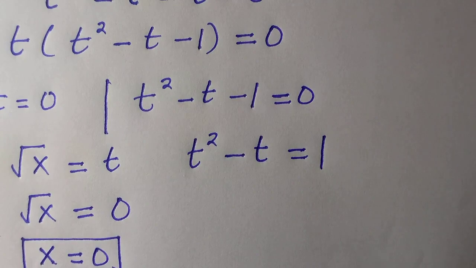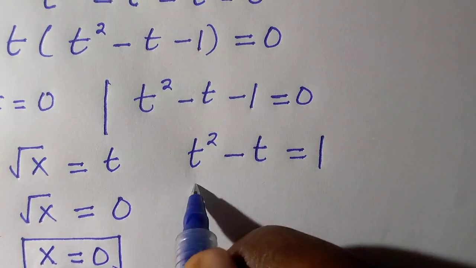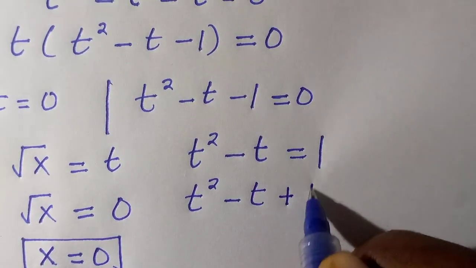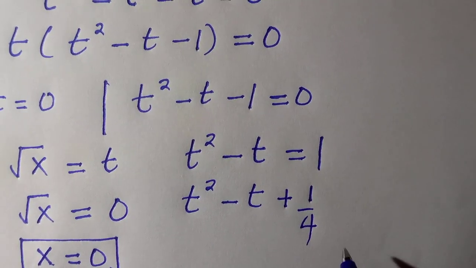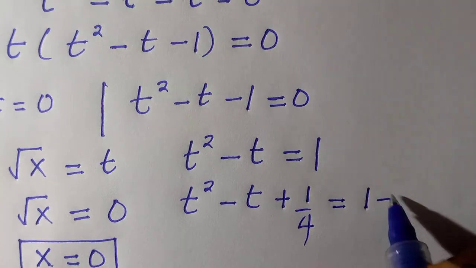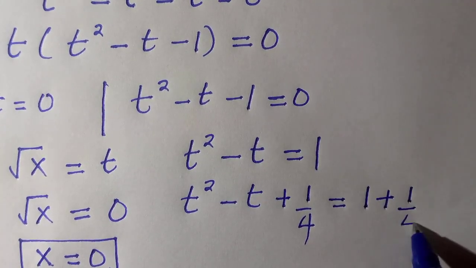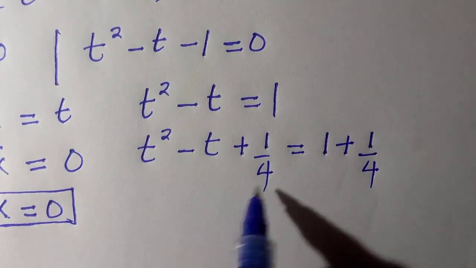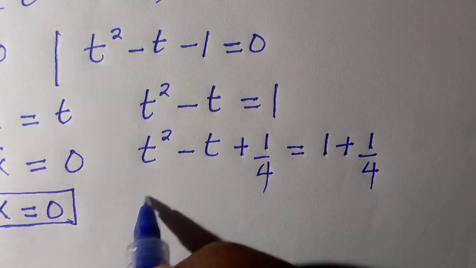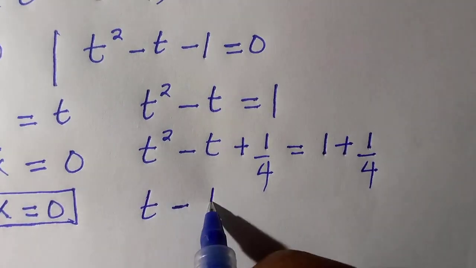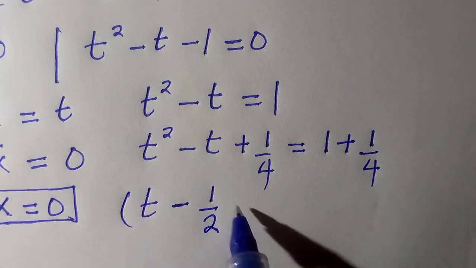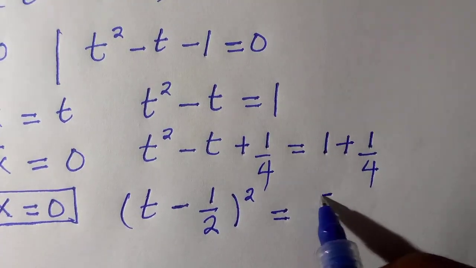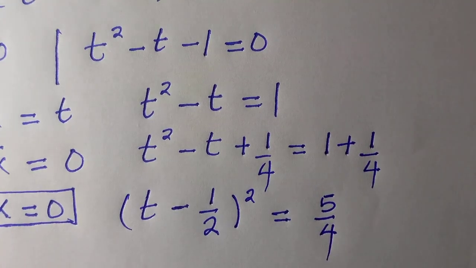If I add 1 over 4 to both sides, here is t squared minus t plus 1 divided by 4 equals 1 plus 1 divided by 4. And the whole of this one becomes t minus 1 over 2 raised to power of 2 equals, so this one is 5 divided by 4.